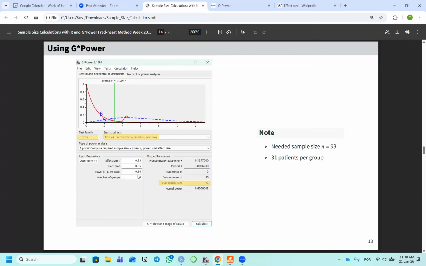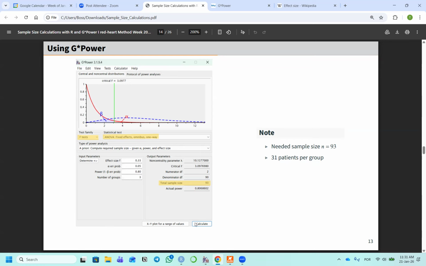I usually put my power at 80%. You can make it 90%. In that case, your power goes up and your sample size goes up. And again, you have to think of your budget and your cost at the same time. I have three groups: the physical therapy, the medication, and the combination therapy.